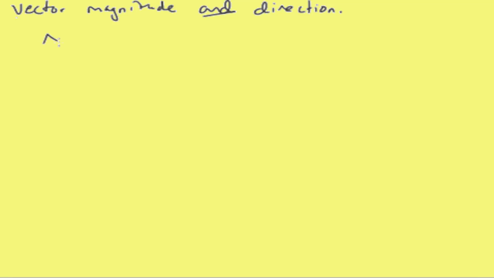So say we have a y-axis here, and an x-axis here, and we have some vector v that points this way, and we have another vector u which points that way, and we want to be able to express what the vector t, which is the sum of u and v, is as a whole.